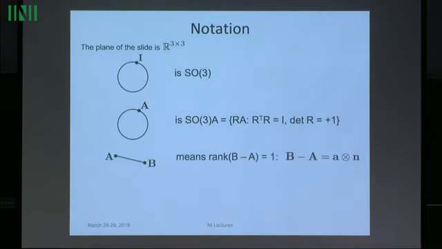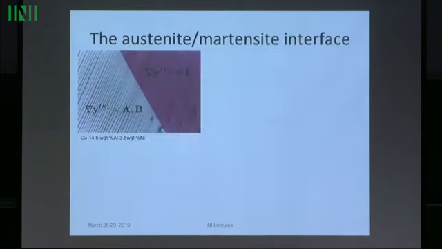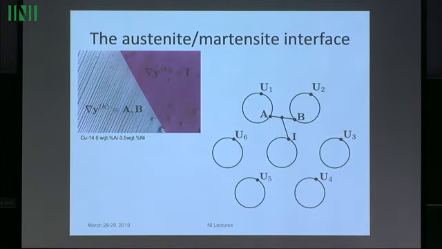Okay, we go back to recall the notation. I hope you recall it. So now that we know more about minimizing sequences, we can do some more diagrams. So here's the diagram which goes with this microstructure. This A and B differ by a rank 1 matrix. So again, you start with A, and it has two rank 1 connections. You choose one of them.